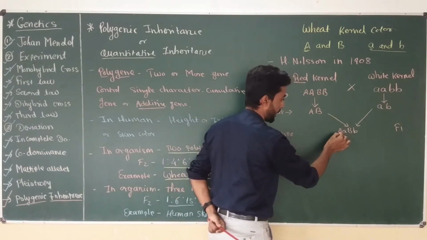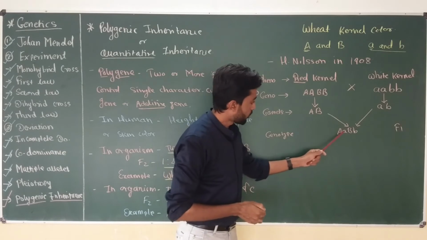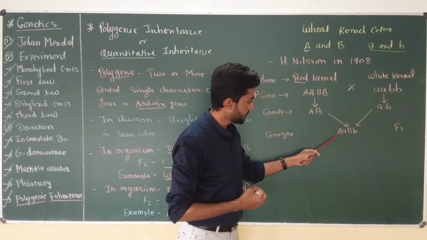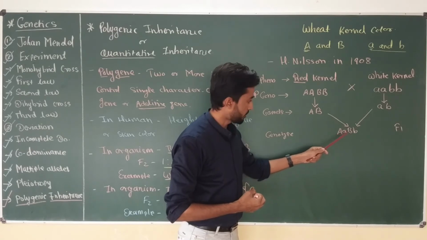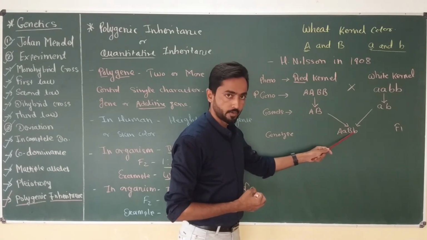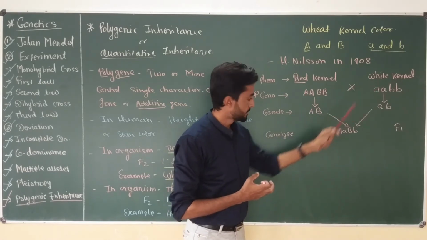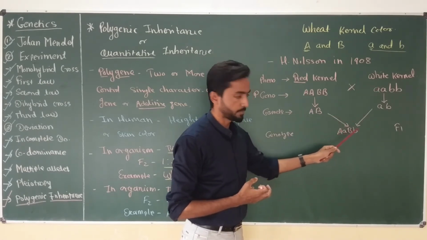the F1 generation, and due to this genotype, this organism contains one dominant gene for A and one dominant gene for B. Instead of all dominant or all small, they contain 50% dominant and 50% small.